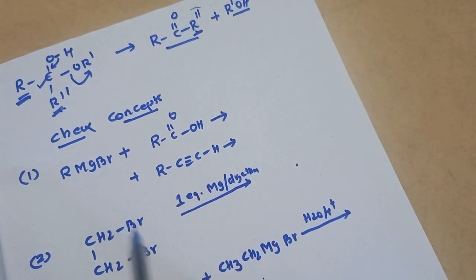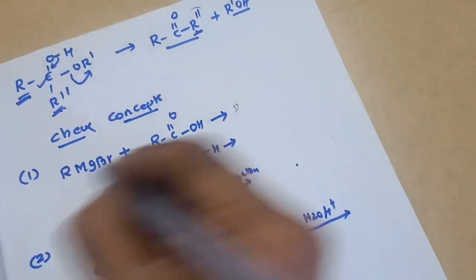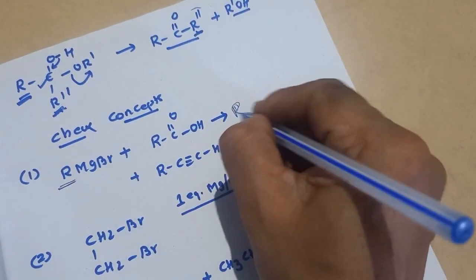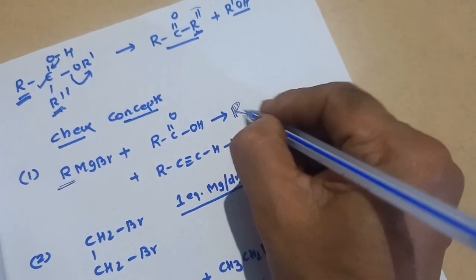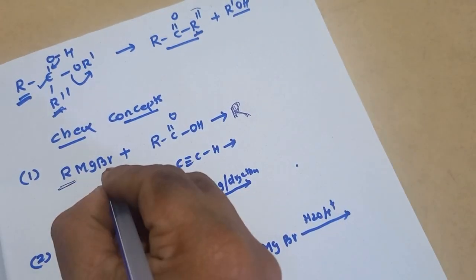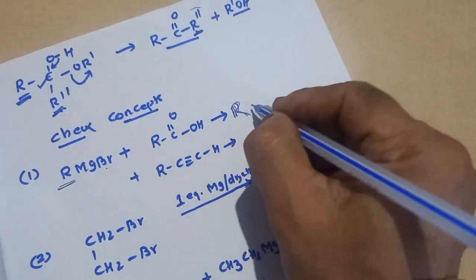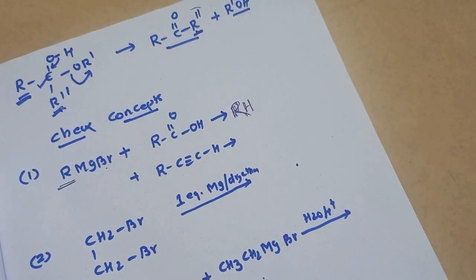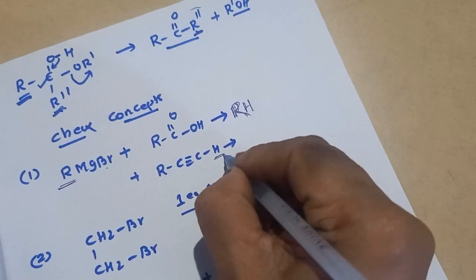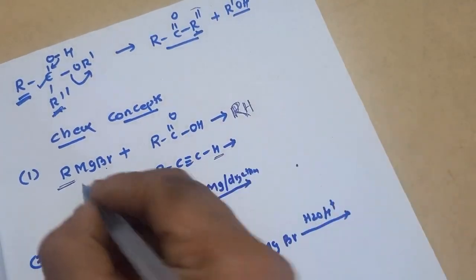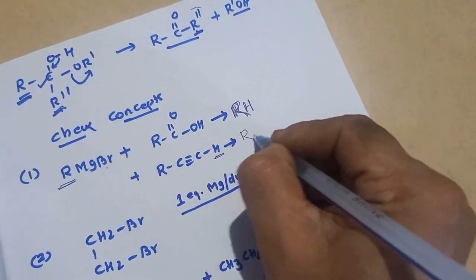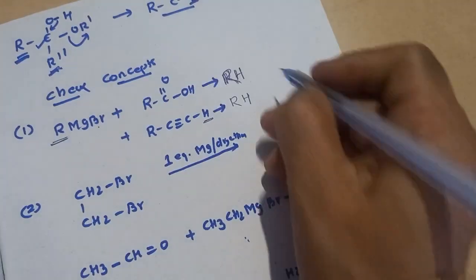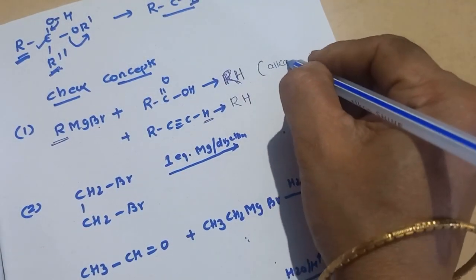If you want to understand the concept, write alkane. Take R from this Grignard reagent and put the protic proton here. Similarly, here the acidic proton is here, so simply take the alkyl group from the Grignard reagent and the acidic proton here. That means you always get alkane.